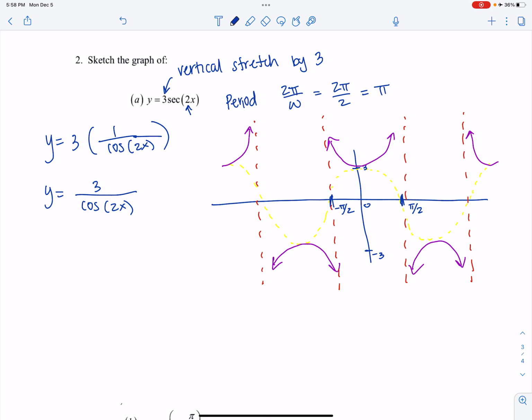And then since this whole cycle goes 1 whole pi, we go from pi over 2 to 3 pi over 2. Same thing on the negative.